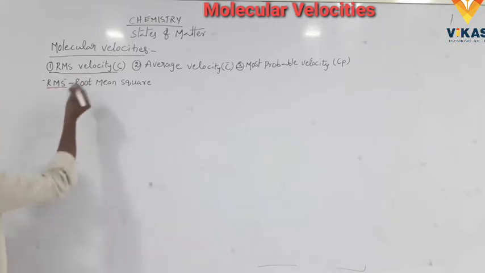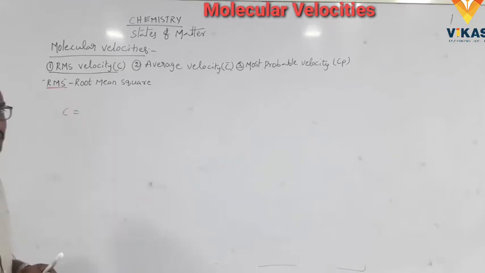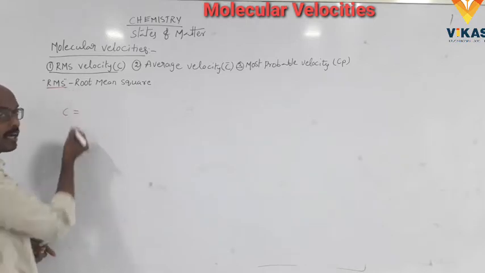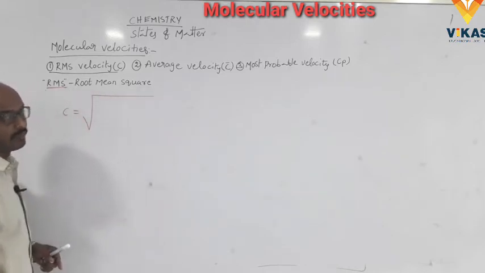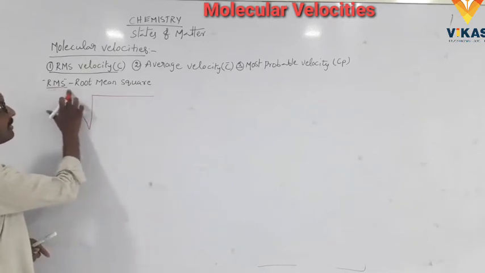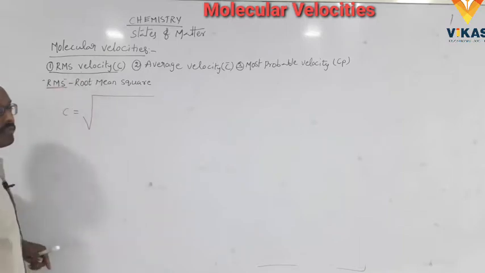Okay, so it is represented by C. RMS means root mean square. So what is the meaning of the RMS velocity?